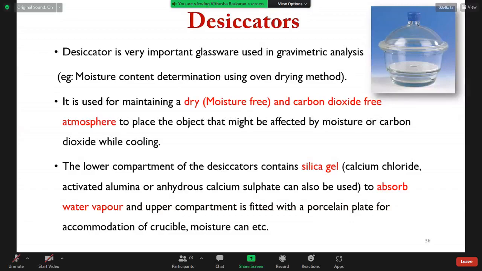Okay, and if you keep a hot substance inside the desiccator, you have to open the desiccator's lid slightly 2 to 3 times to expel the expanded air inside. So if you keep a hot substance, you have to open the lid 2 to 3 times to expel the expanded air inside the desiccator. Okay.